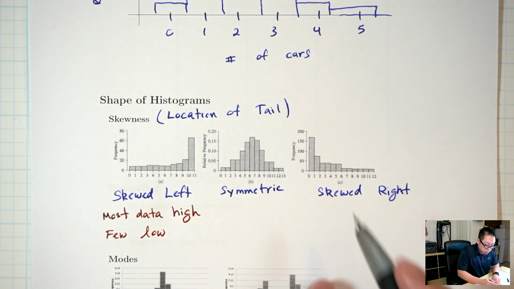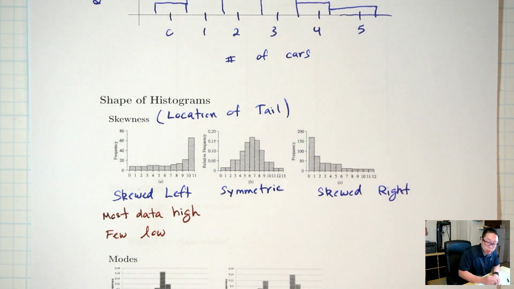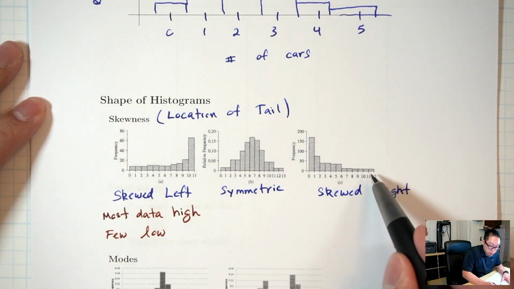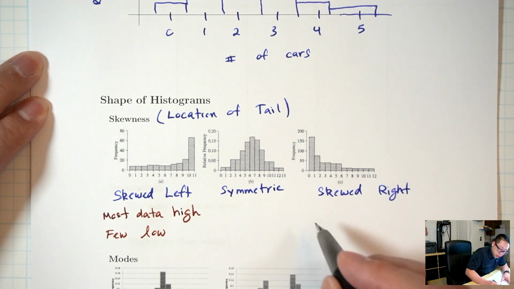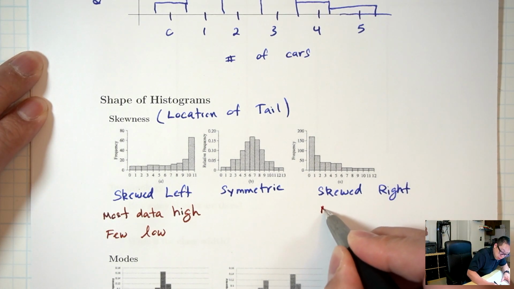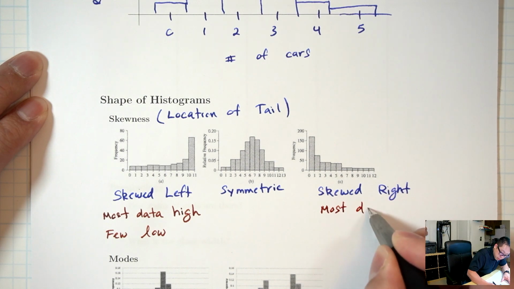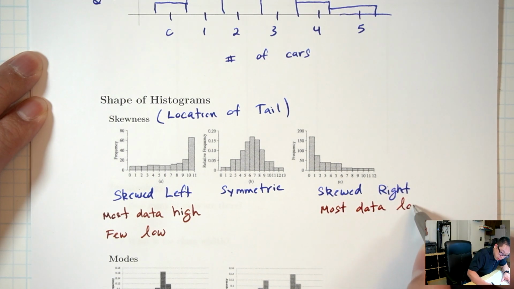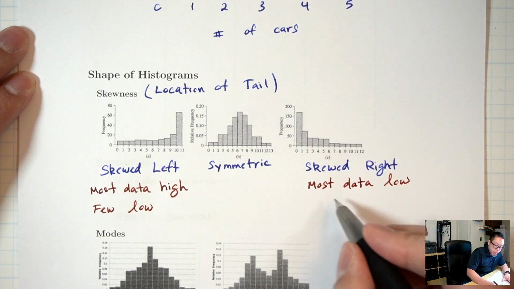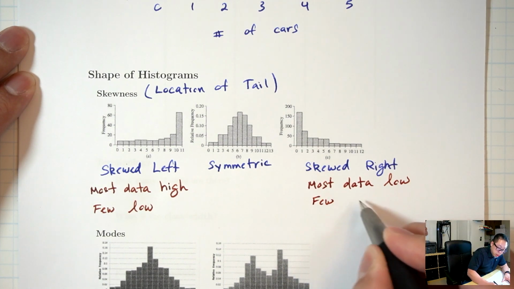Skewed right, most of the data is over here on the low side, and then you have a few on the high side. So for skewed right, most of the data is low, and we have a few that are high.